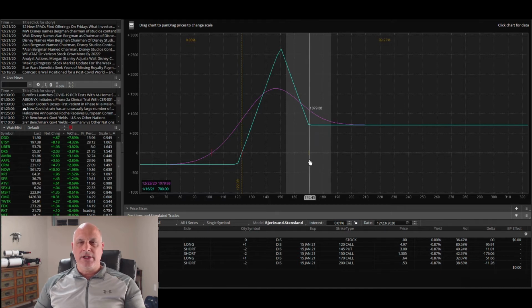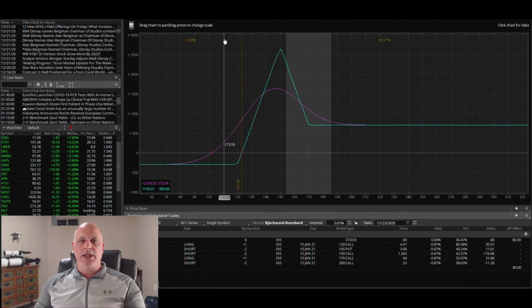Here I have a Disney trade on, and it expires in January, and I put this one on earlier. These are some of the trades that we're going to go into, but this is an unbalanced call butterfly that I placed during the peak of the coronavirus. I figured that Disney was mispriced, that it was going to come back.